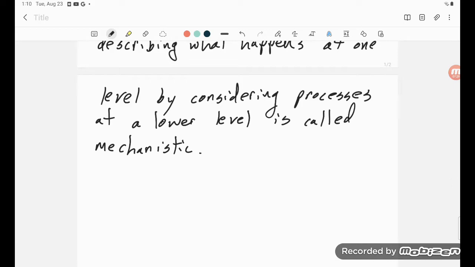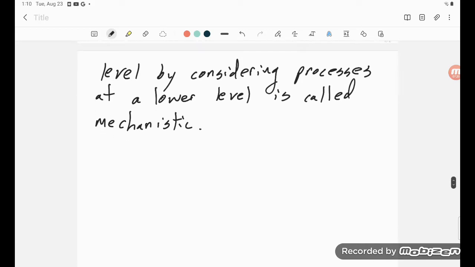Okay, so that's a mechanistic type of model.